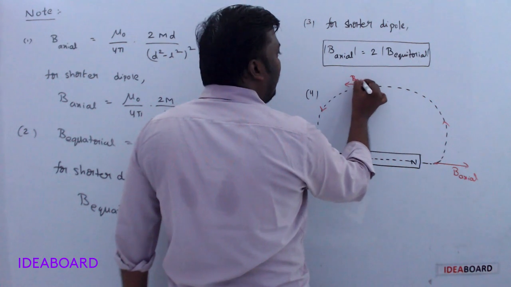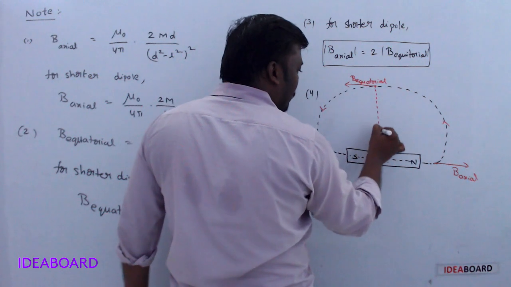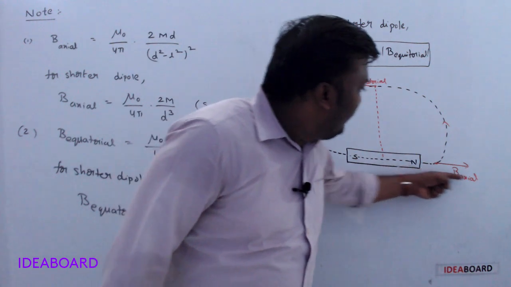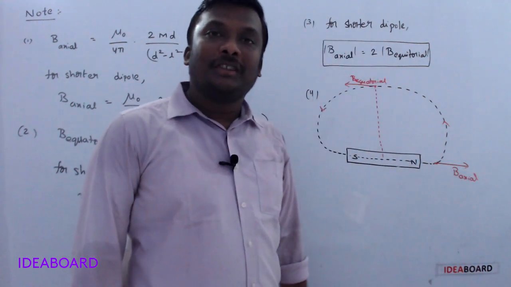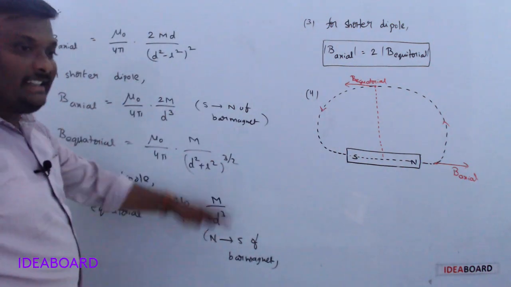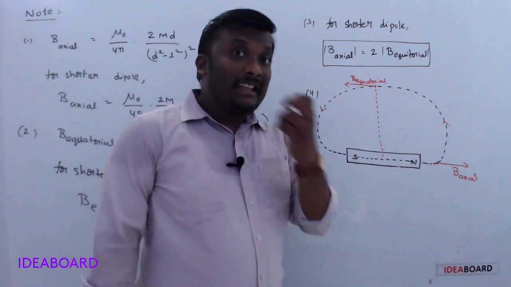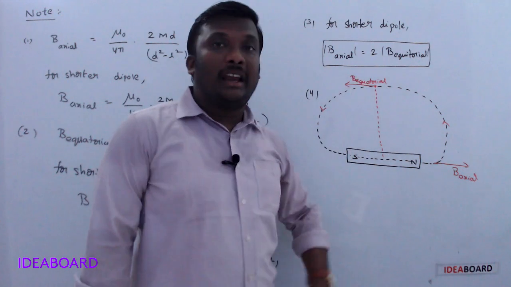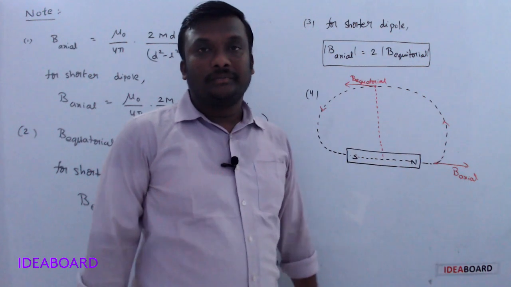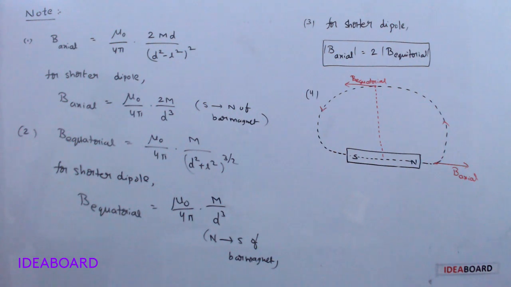So this is B equatorial line, because this line passes through the center of the magnet. Here, B axial line and B equatorial line are opposite. So according to this concept, we get different directions. According to the concept of magnetic field lines also, the axial line and equatorial line magnetic fields are always opposite in direction. Understand? Thank you.